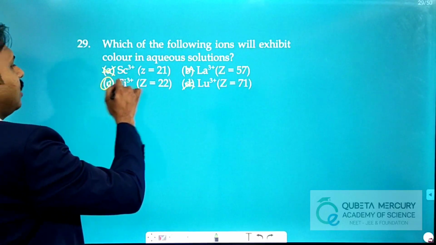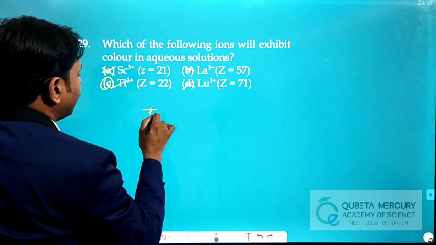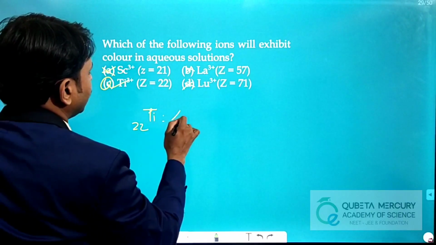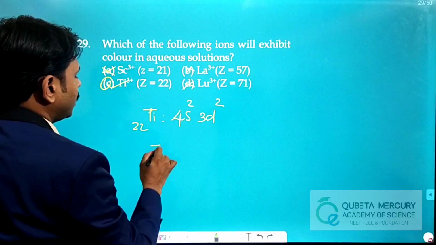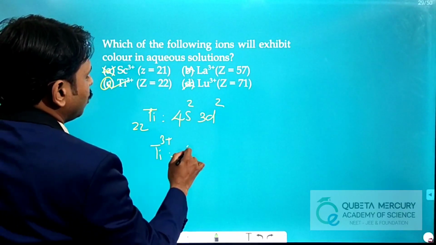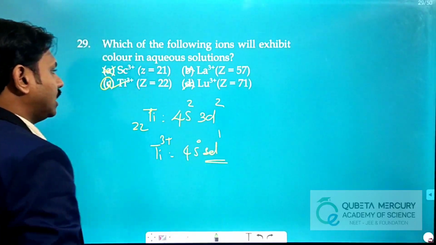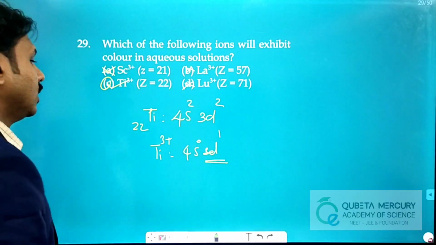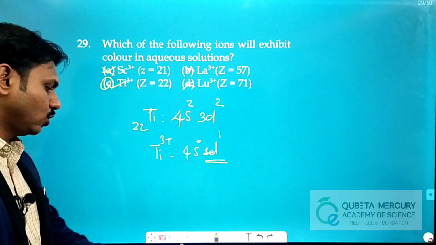While titanium 3+, titanium having atomic number 22, the electronic configuration is 4s2, 3d2. When it changes to titanium 3+, it becomes 4s0, 3d1. There is one electron in the d orbital that is responsible for color formation. So C is the right option.